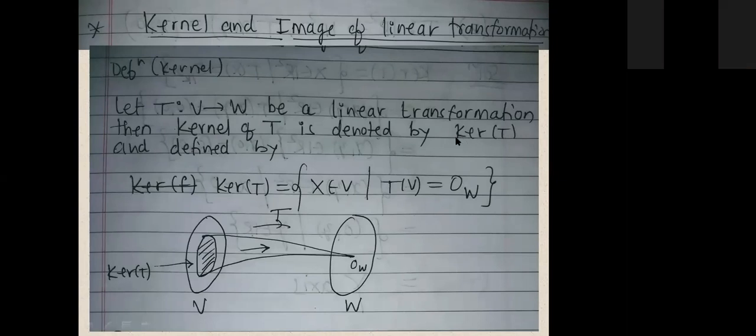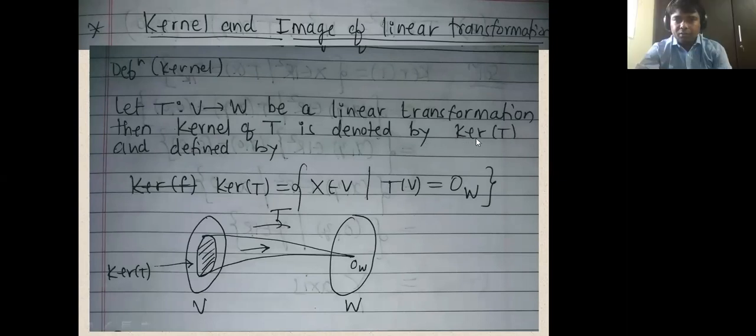This is the notation for the kernel T, and it is defined by kernel T equal to the setwise collection of those vectors in the domain.